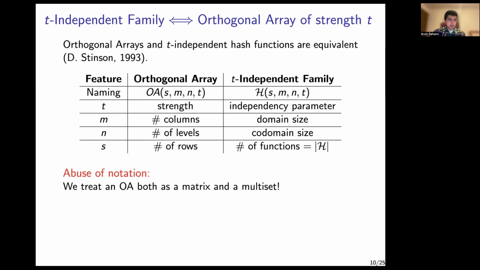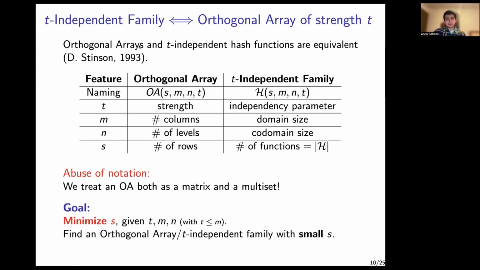The number of levels in the orthogonal array will be denoted by n, and that will be the codomain size of the t-independent family. And the number of rows is denoted by s, which is, of course, the number of functions in the family. I'll be abusing notation for convenience, so I'll treat the matrix of an orthogonal array both as a matrix and as a multiset, a family of functions.